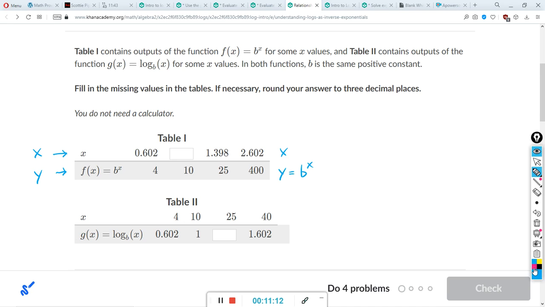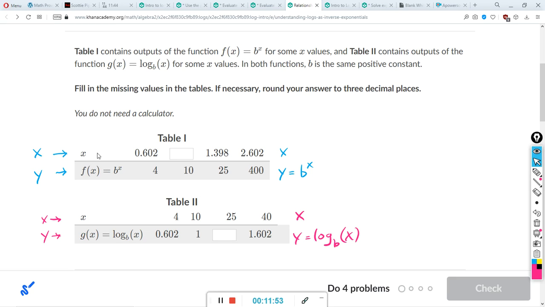Okay, and on the bottom here, the top row, I meant to say row, not column, the top row is x, and the bottom row is y equals log base b of x. So when you do that, you are just reversing the x and the y coordinates. Alright, so this part is actually very easy.